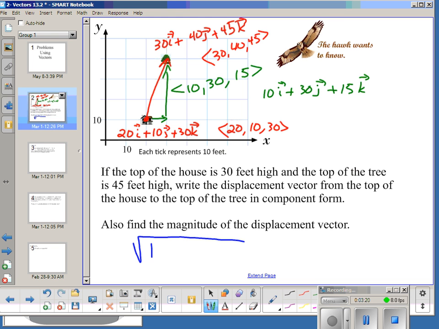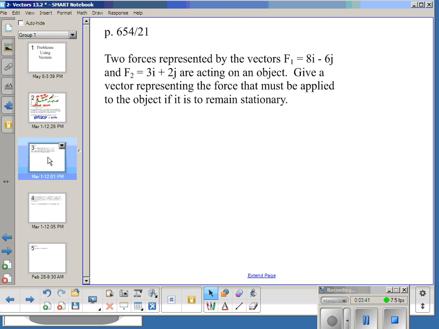We say our x component squared plus our y component squared plus our k component squared, and we take the square root of all that, and you end up with an answer of 35 feet, which you could do on your calculator if you want. All right, next problem.